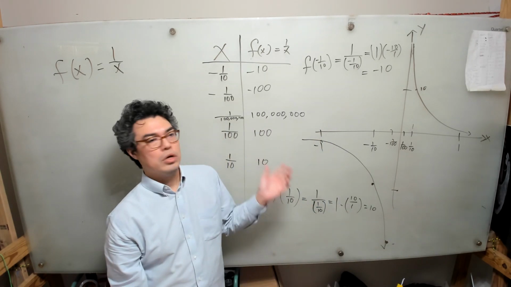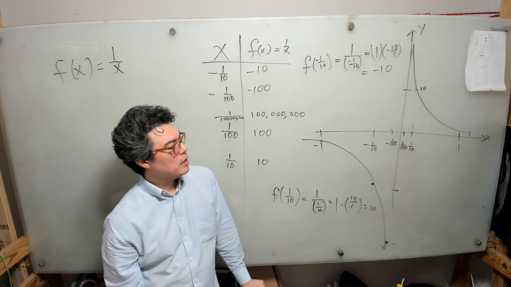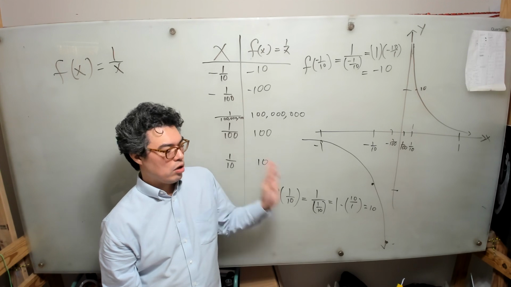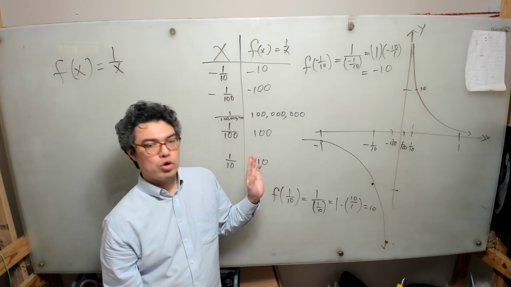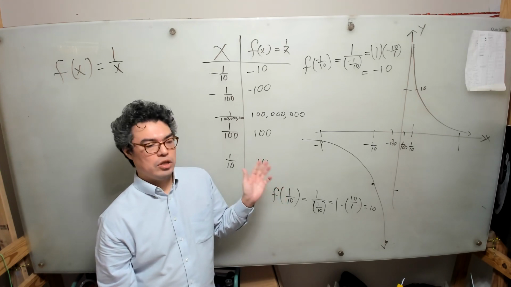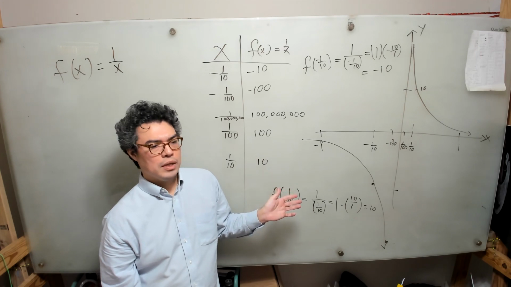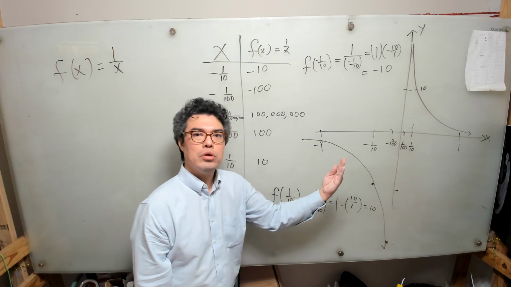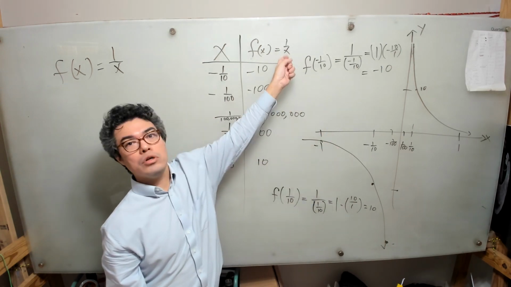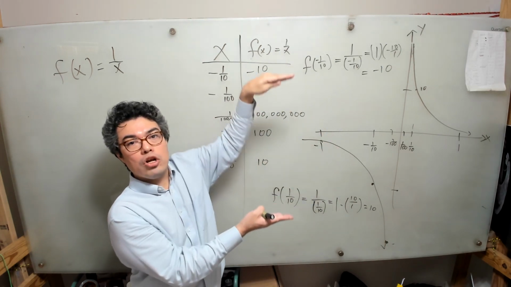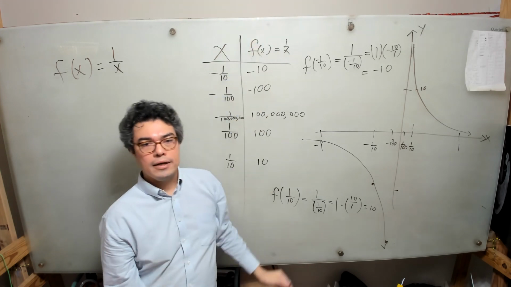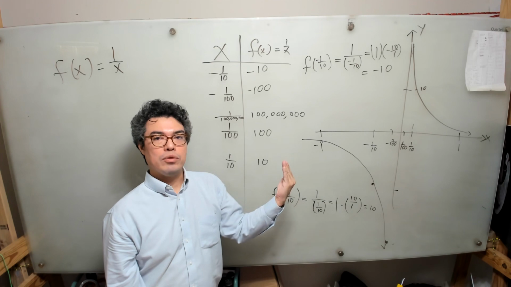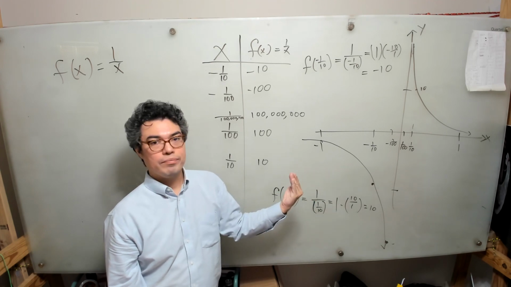We're not going to do so because we don't want to clutter this board with more numerical points that don't add any more insight from this. But basically, I think you guys see my point. As we come closer to zero, the function values are going to get larger and larger and larger, and we say that the function tends to infinity as x gets close to zero from this direction.